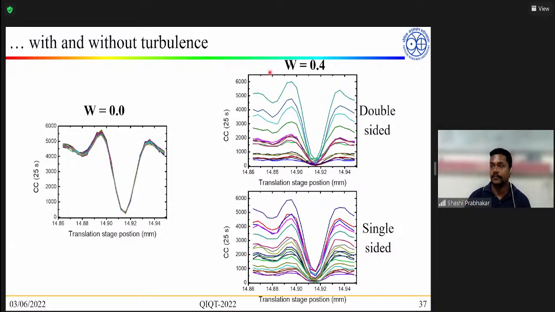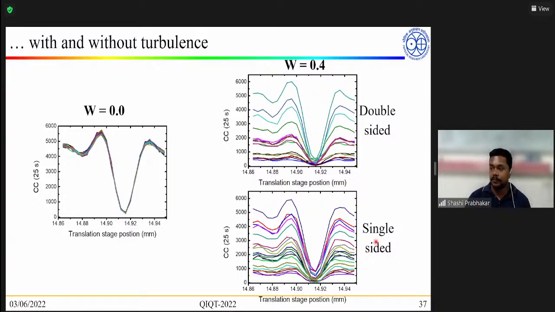But as we increase the turbulence strength to 0.4, we find that when both photons pass through the turbulence, this lower value always remains the same, but the upper value, the number of photons coupled to the fiber, is different. So from here itself we can see the visibility is going to change.